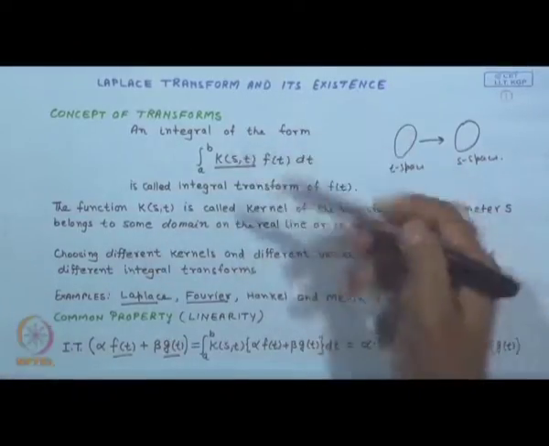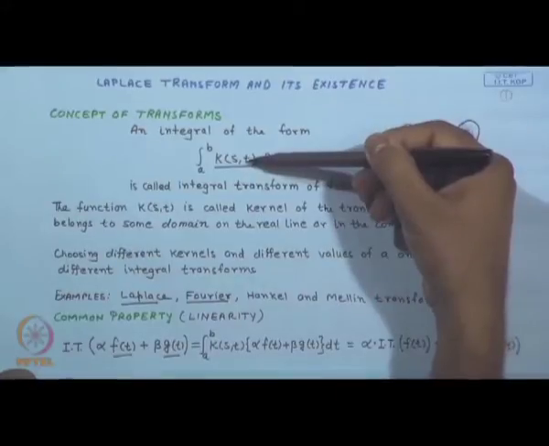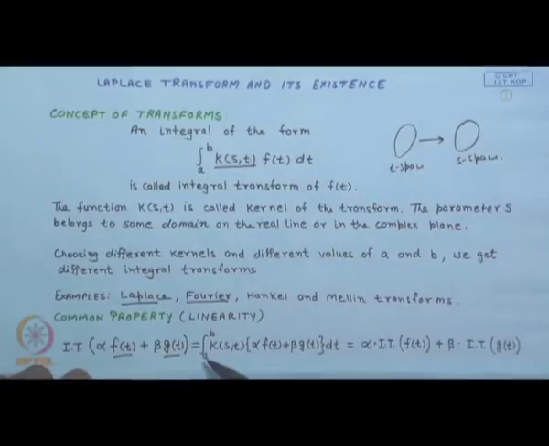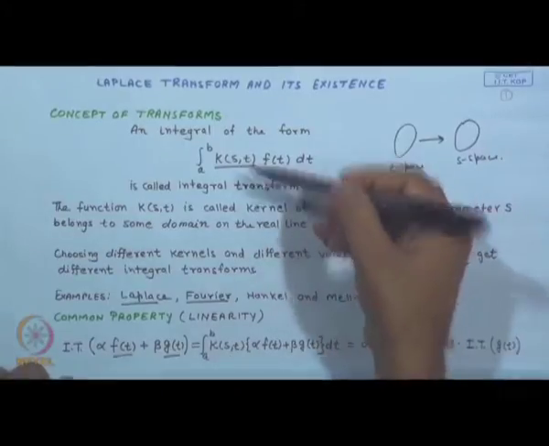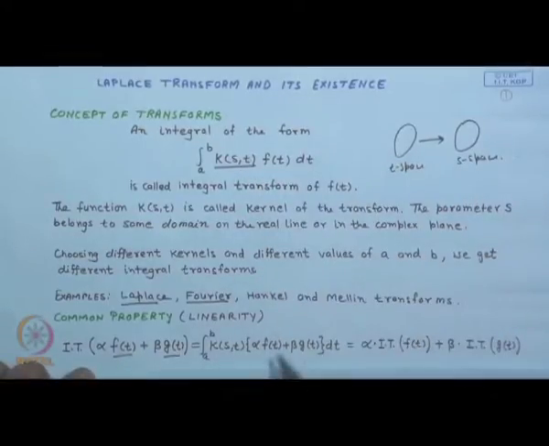By the definition of this integral transform, we have the integral from a to b of k(s,t) times alpha f(t) plus beta g(t) dt, and then we split this integral into two integrals. Alpha, as a constant, we can take out.